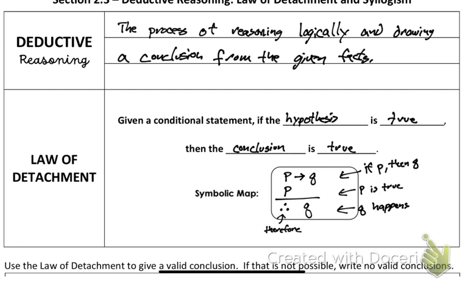That means no conclusion. Even if you can reason out it's probably raining out because you probably said this on a Monday or something like that, if you have to reason your way through it, it's not the law of detachment. The law of detachment strictly says the hypothesis has to come true. So when we're looking at the law of detachment, we're just looking at the hypothesis.